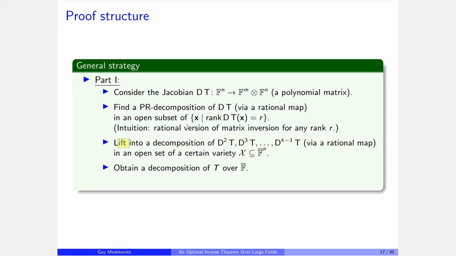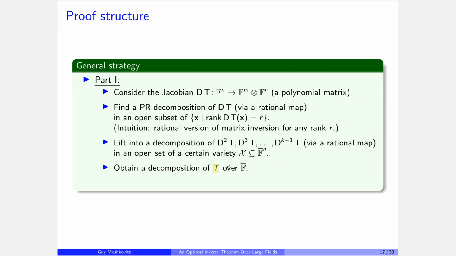Because the basis of this induction is this rank decomposition for the initial matrix dt. But then we're going to use the lifting theorem to get a partition rank decomposition also for ddt, and then dt, etc. Once we do it k-1 times, then essentially we loop back to get t back.